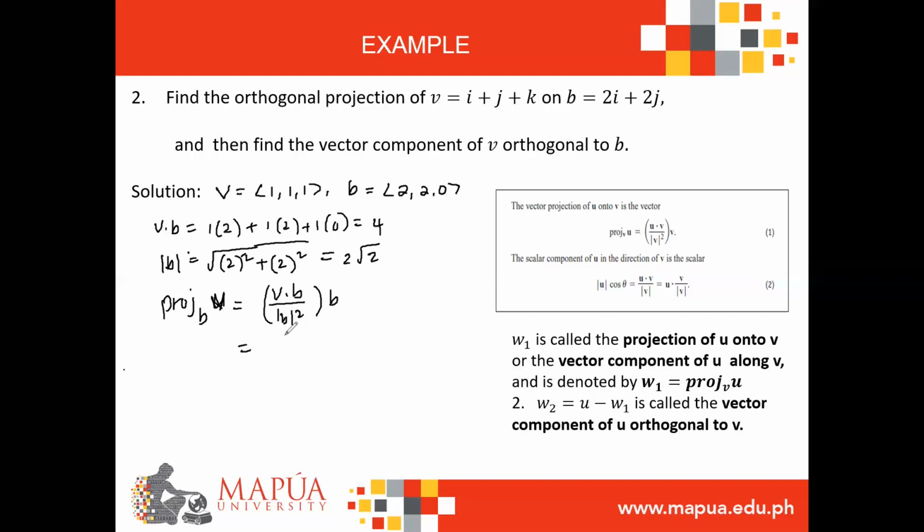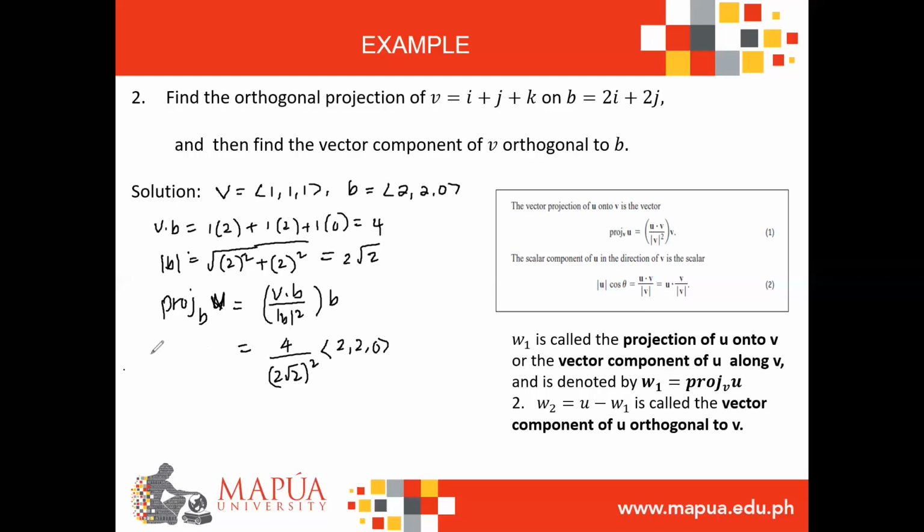We now have the dot product 4 all over the magnitude, that is 2 square root of 2, squared, times vector b, with components 2, 2, 0.